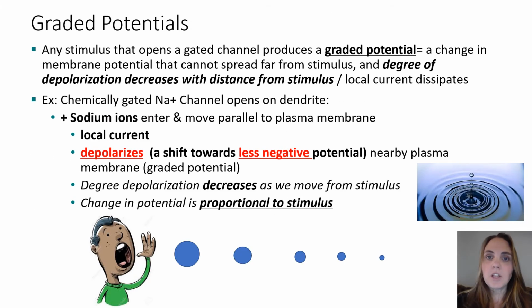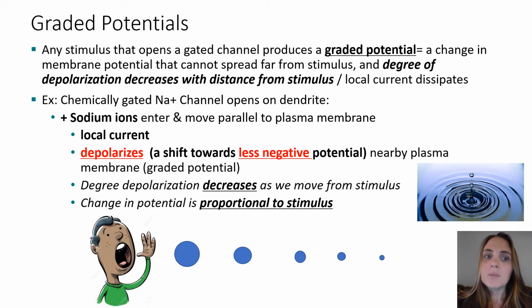So any stimulus that opens one of these gated channels can produce what's called a graded potential. A graded potential is a change in resting membrane potential that can't spread far from the stimulus.